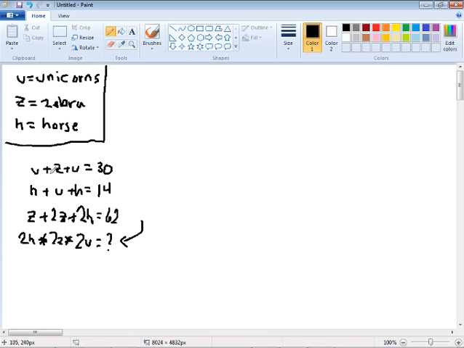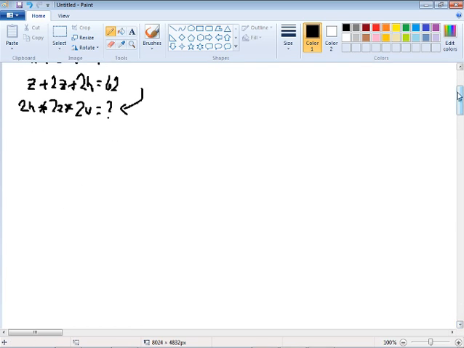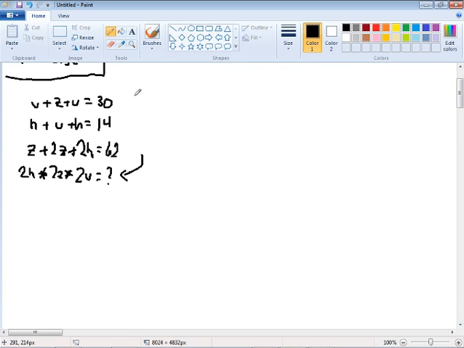What I'm going to do is see if I can figure out what these variables actually stand for, the unicorn, the zebra, and the horse. So I'm going to ignore that last one and concentrate completely on these 3, and then see if I can simplify them so they're easier to manipulate.